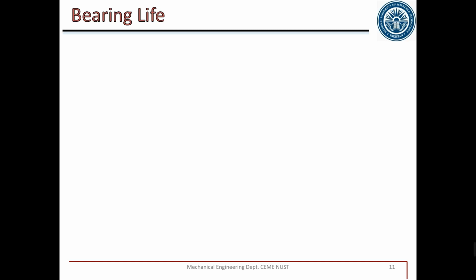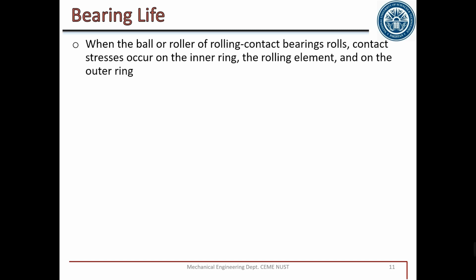Bearing life. Now we go towards bearing life, towards some of the mathematical portion. What is bearing life? When the ball or roller or rolling contact bearing rolls, contact stresses occur at the inner ring of the rolling element and on the outer ring. So that is understood. Whenever it rotates, stresses exist on the bearing.